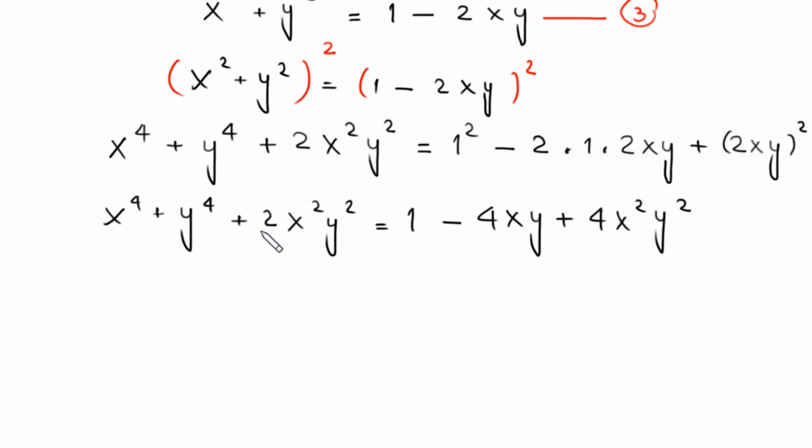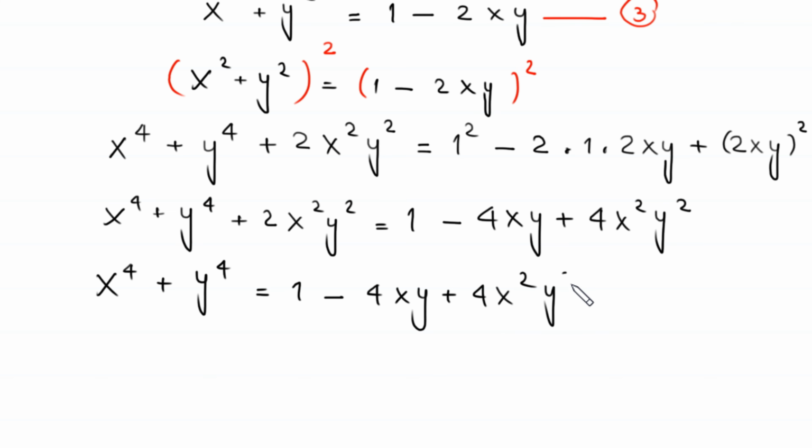Next, move this 2x squared y squared to the right hand side. This will become x to the power 4 plus y to the power 4 is equal to 1 minus 4xy plus 4x squared y squared. This positive 2x squared y squared will become negative 2x squared y squared.